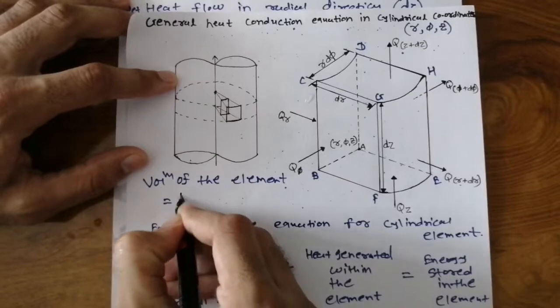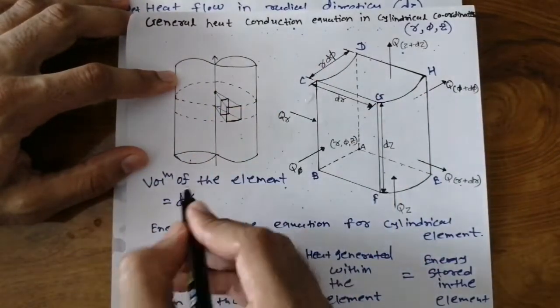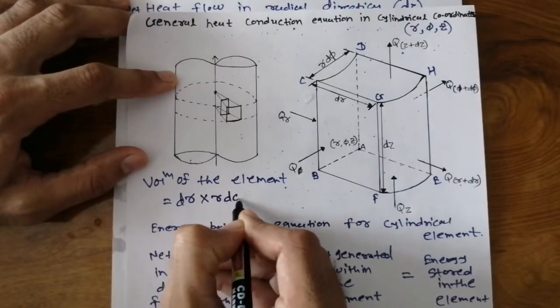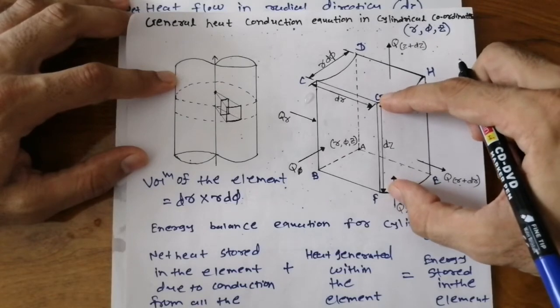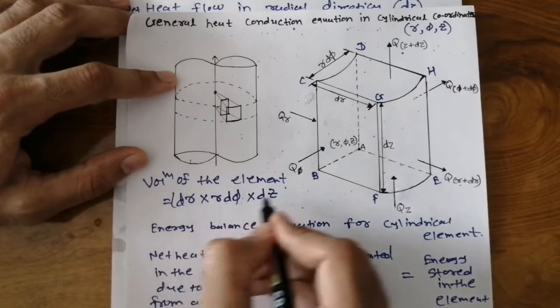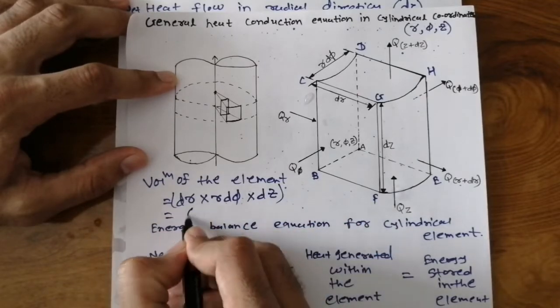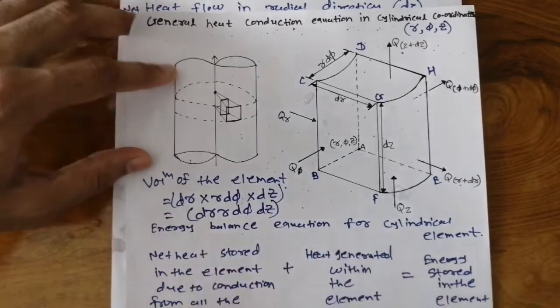In the radial direction dr is there. In the tangential direction r into dφ is there, so multiply r dφ. And in the z direction, or axial direction, dz is there, so multiply with dz. So the volume is equal to dr r dφ dz.